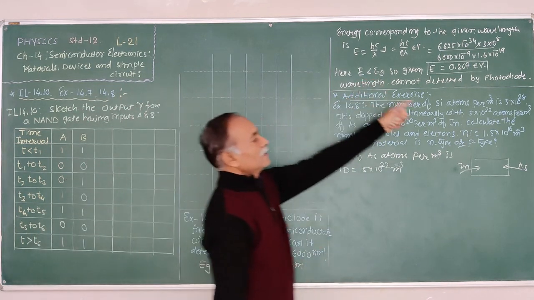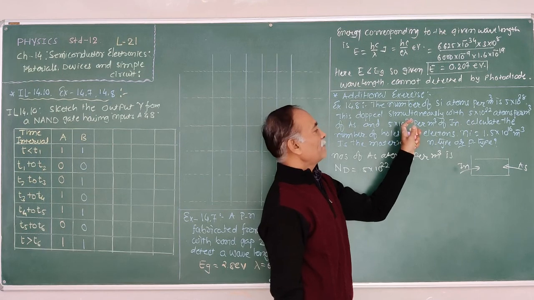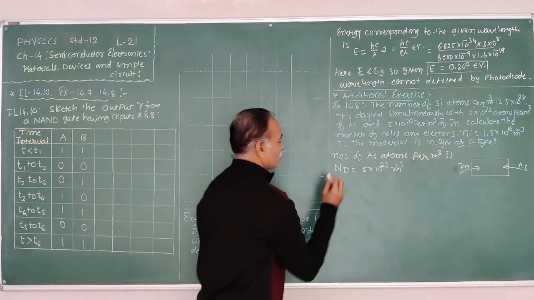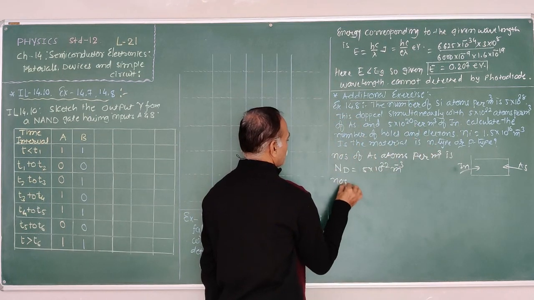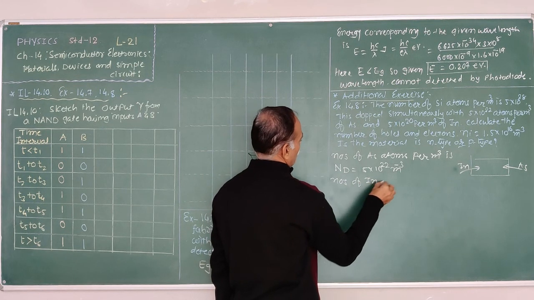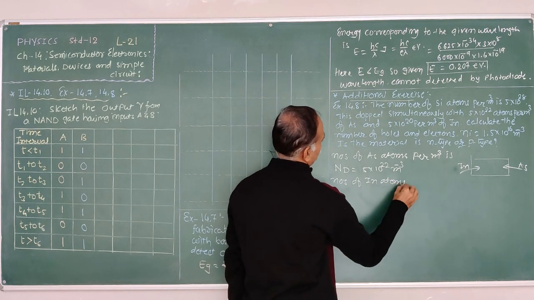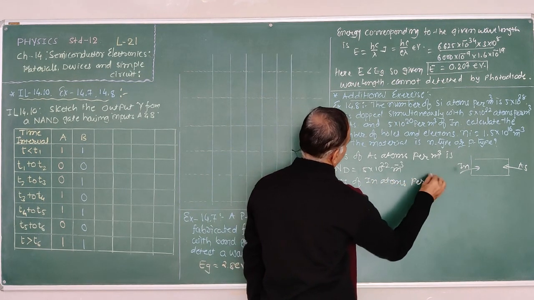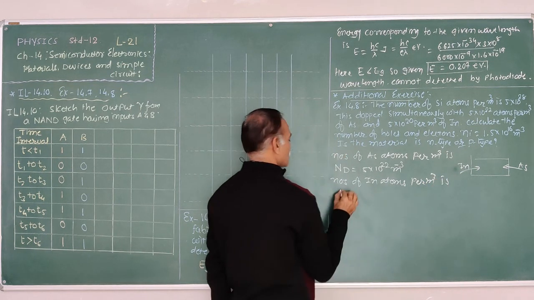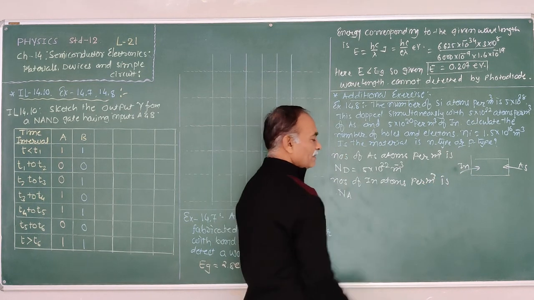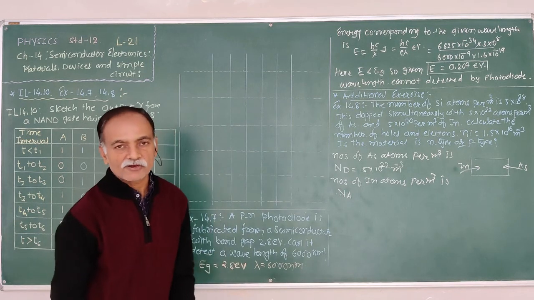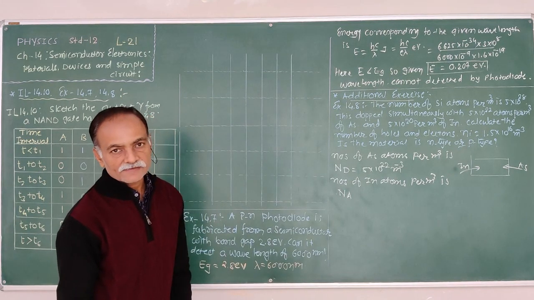And indium is added at 5 into 10 raised to 20 per meter cube. The number of indium atoms per meter cube is Na. Indium is the acceptor impurity atom because it is trivalent.